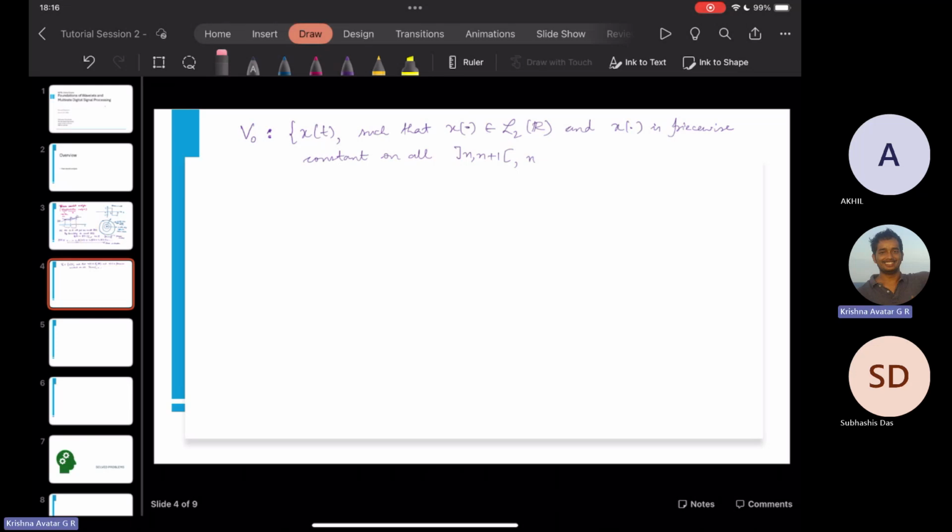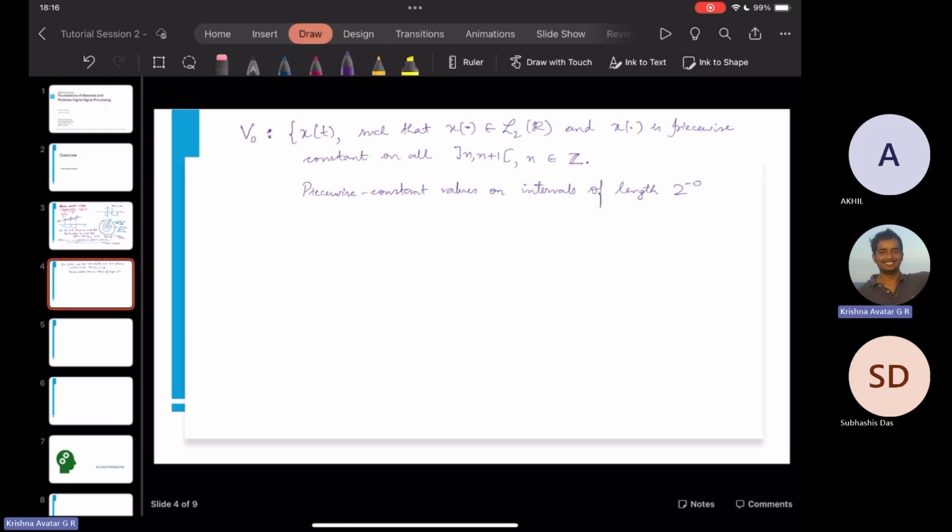N is just an integer. And it so happens that we have piecewise constant values on intervals of length 2 to the power minus 0.